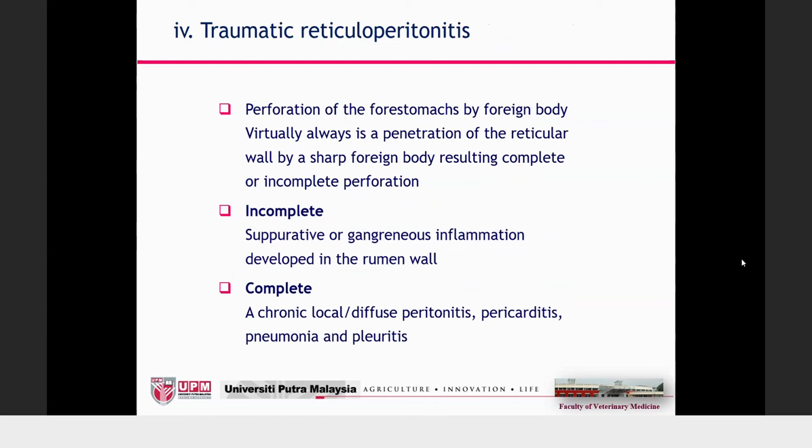So they give the magnetic bar so that when the nail is there, the magnetic bar will attract the nails. And because they are metal and have been attracted to this magnetic bar, they reduce the risk of perforation, or the risk of those objects penetrating into the wall of the rumen, reticulum.